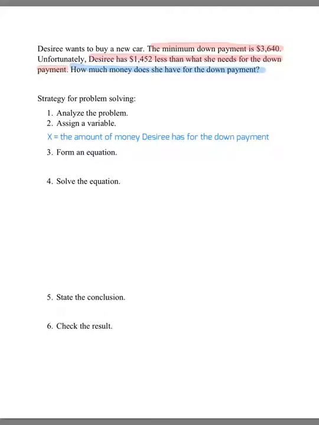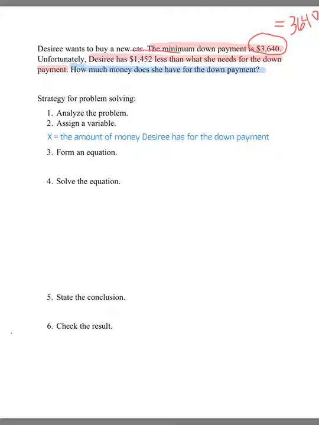Some key indicators are the word is, $3,640. The word is usually an indicator of an equal sign, followed by the numerical value 3,640. What other key words are here?